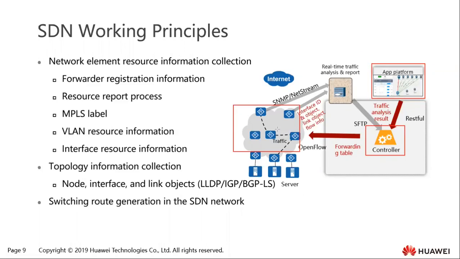Now, once you have a controller on your network that is communicating with the devices via, for example, OpenFlow, these devices are going to send what we call register messages.